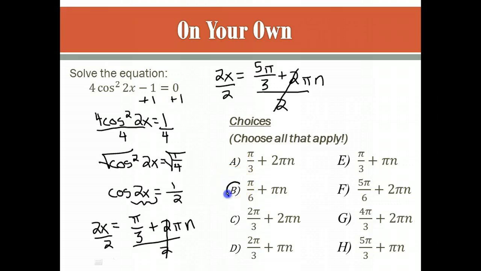So this is one of my solutions. And then dividing 5 pi over 3 by 2 results in 5 pi over 6. So it looks like that option is not listed. But if I were to scratch out this 2, then that would mean that that would be the correct answer. So for this multiple choice question, there was more than one answer possible, but only one correct answer was listed.